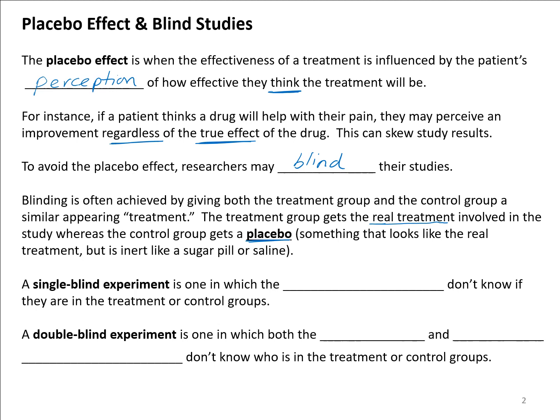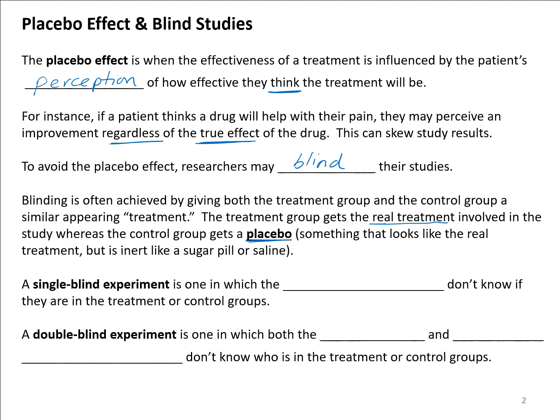But by giving both groups a quote treatment, whether it's the real treatment or placebo, what this means is that everyone in the two groups thinks they're getting something. So that's an attempt to mitigate the idea that because you're not getting something, you will have no improvement.